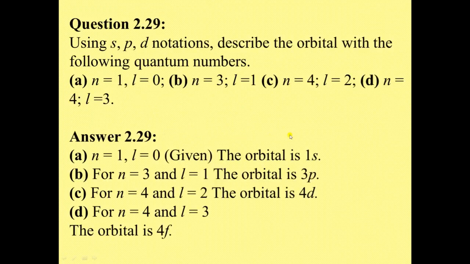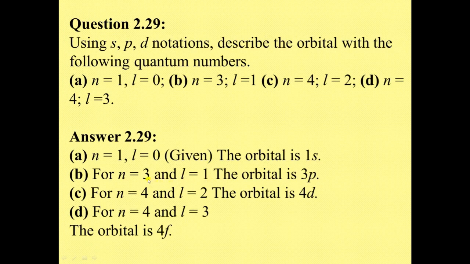Now question number 29. Using spd notation, describe the orbitals with the following quantum numbers. So here value of n is 1 and l is 0. For l is equal to 0, that means it is s subshell. So we will write it 1s. When value of n is 3 and value of l is 1, that means it is p subshell.